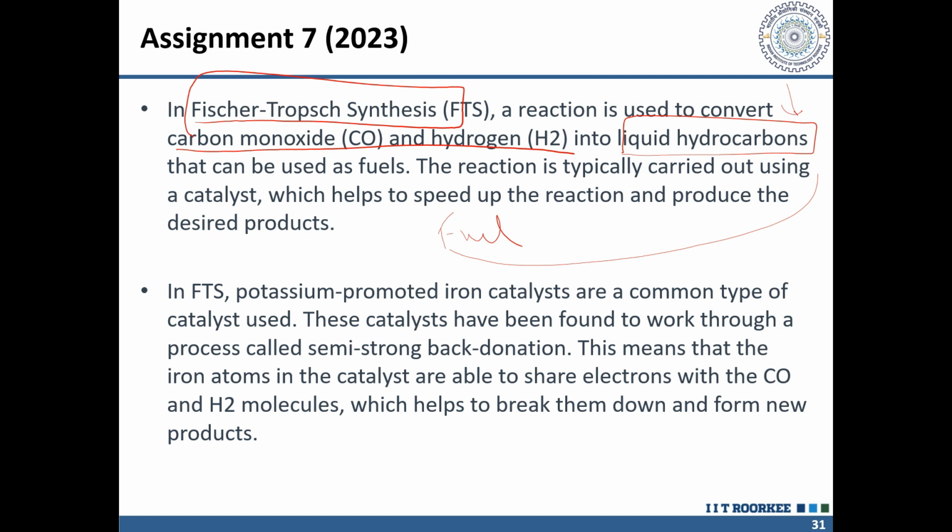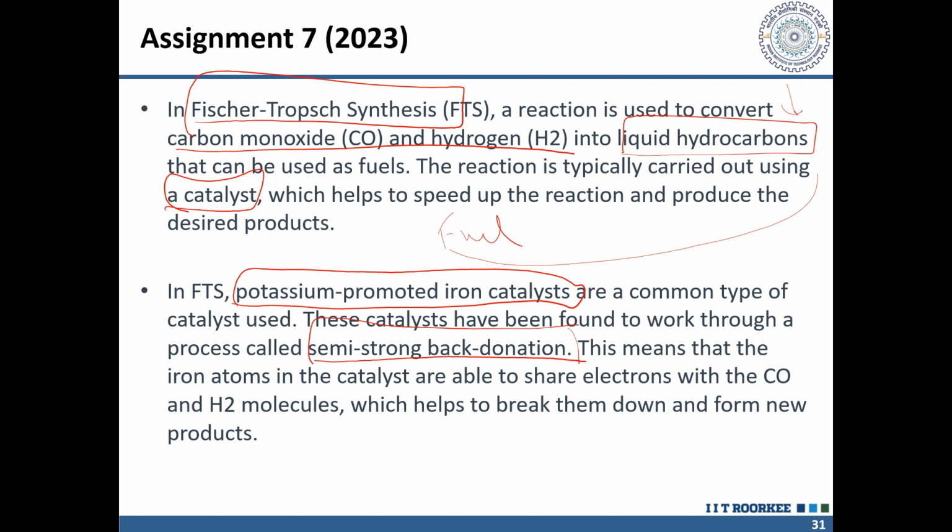This reaction is typically carried out using a catalyst, which speeds up the reaction and produces the desired products. In FTS, potassium promoted iron catalysts are used, and these work through a process known as semi-strong back donation.